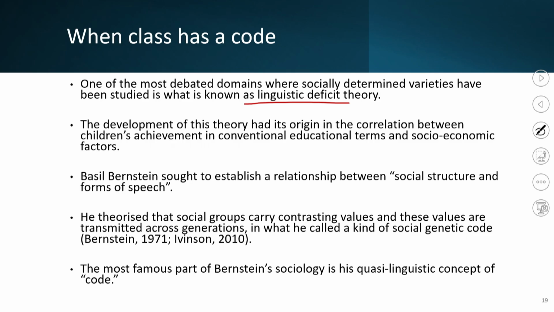Basil Bernstein sought to establish a relationship between social structure and forms of speech. He theorized that social groups carry contrasting values, and these values are transmitted across generations in what he called the social genetic code. He reflected this idea through what is called a quasi-linguistic concept of code.